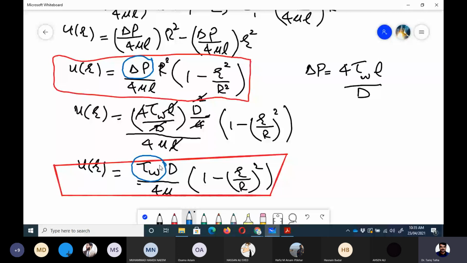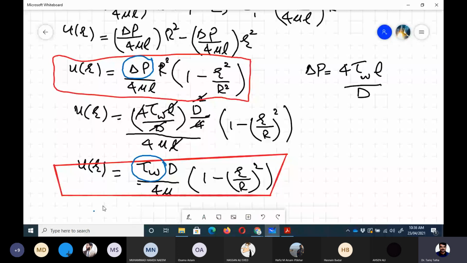That is one numerical value with which the flow can be associated, because u of r is changing everywhere with the radius. So we need to determine the relation of delta p and tau omega with Q, which is the volume flow rate. For that we need to do the integration again.